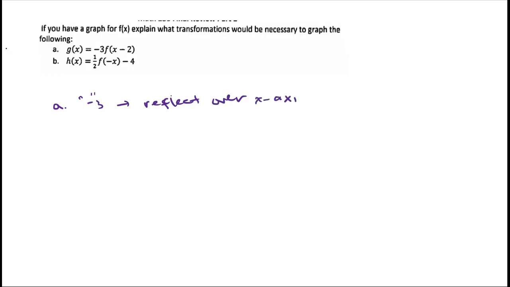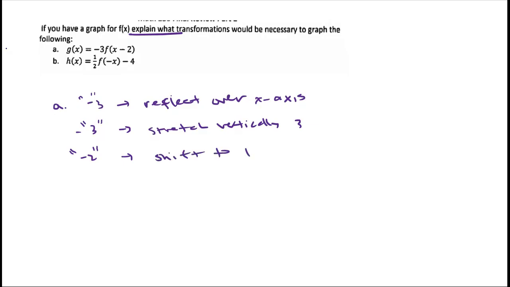That negative in the front reflects over the x-axis. So again, we're just explaining the transformation. The 3 in the negative 3 is telling us it's stretching vertically by a factor of 3. The negative 2 in the parentheses tells us that we're going to shift to the right by 2.